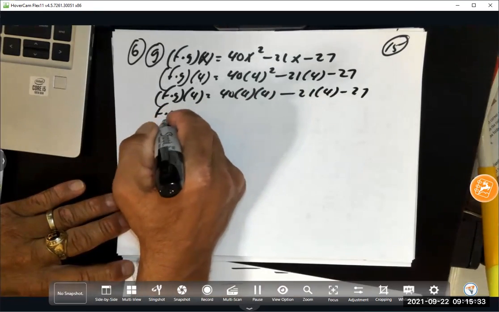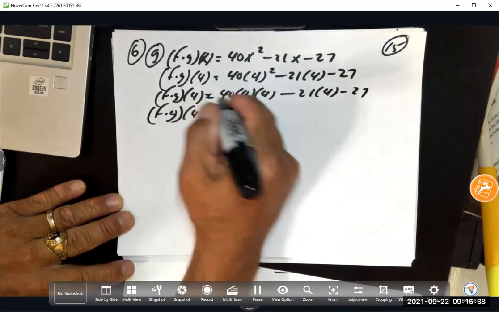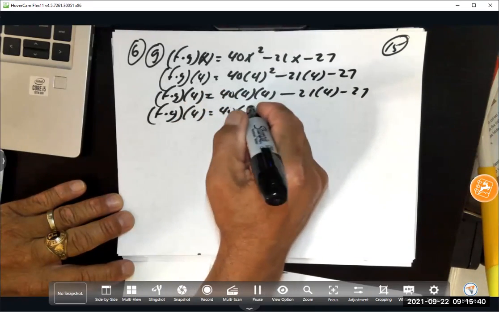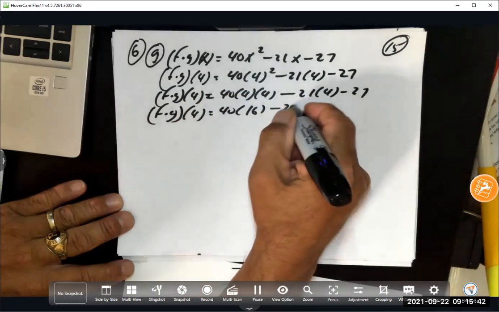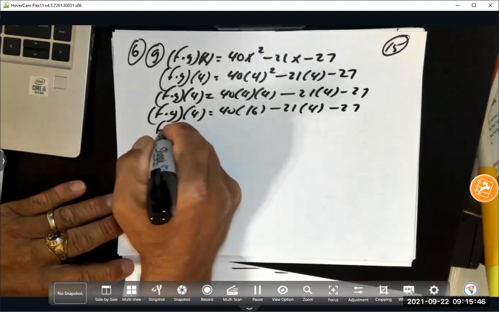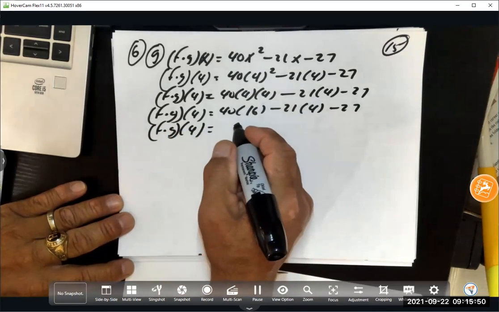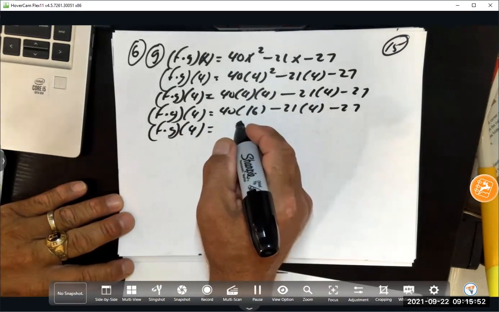Let me see what this is going to be. It's going to be 40 times 16 minus 21 times 4 minus 27. What's 40 times 16? Calculator.